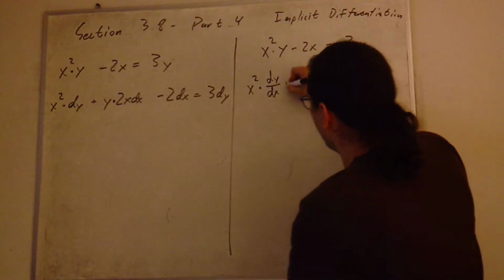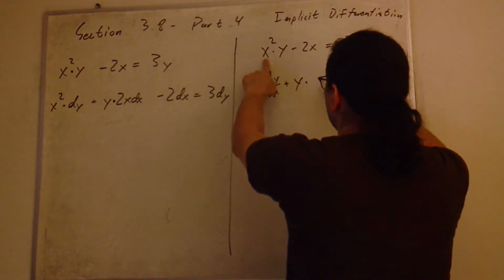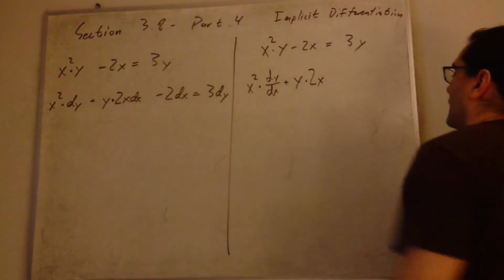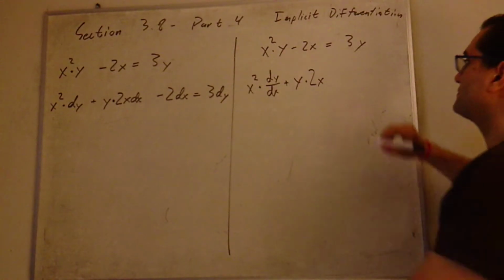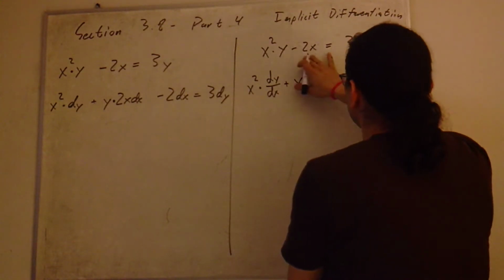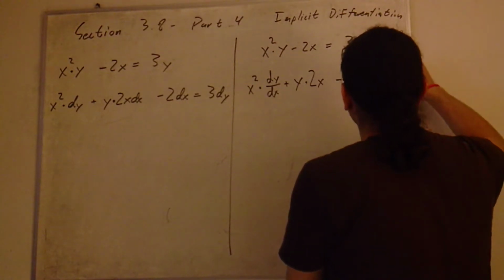To this we have to add the second times the derivative of the first. According to the book, the derivative of this is just 2x. Then we'll add negative 2 is the derivative of this, and the derivative of 3y is 3 dy/dx.